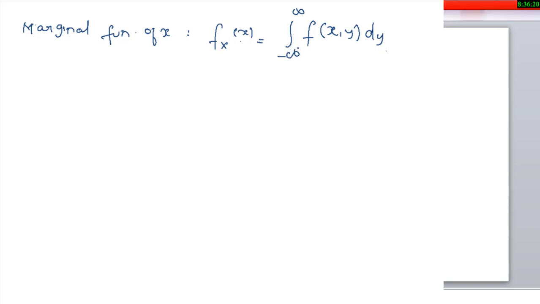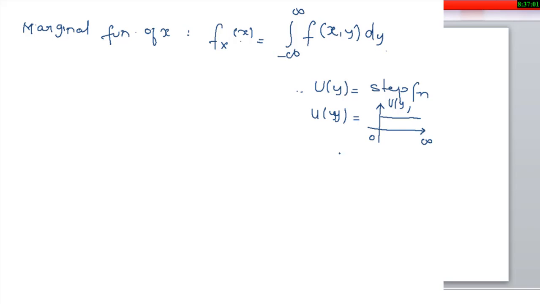They have not mentioned the limits, but the limits are hidden in the form. Since the question has u of y, which is a step function, it is defined as equal to 1 for 0 to infinity. So I got the limit as 0 to infinity.